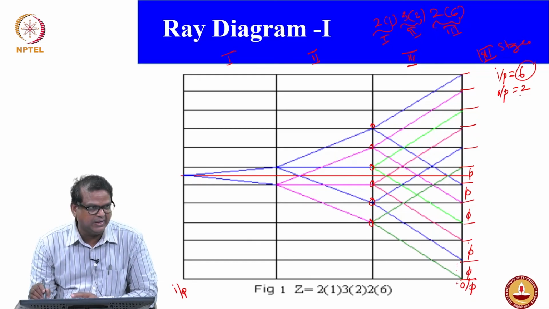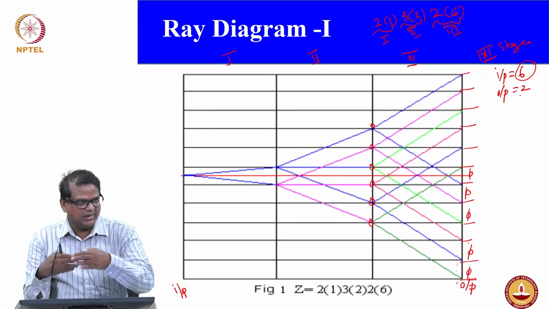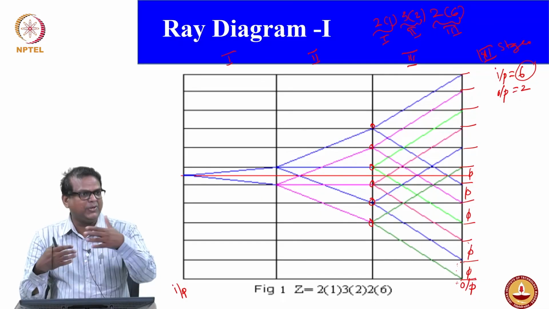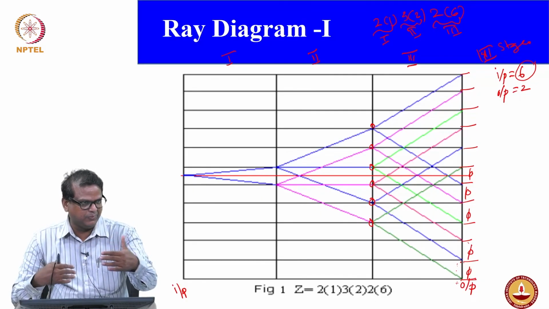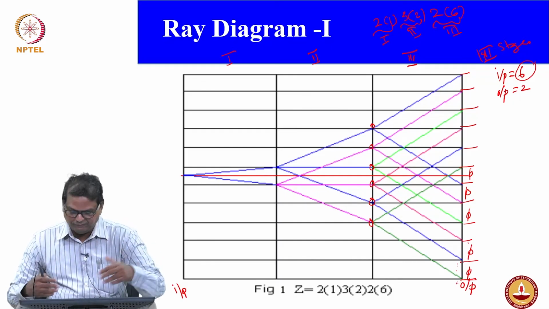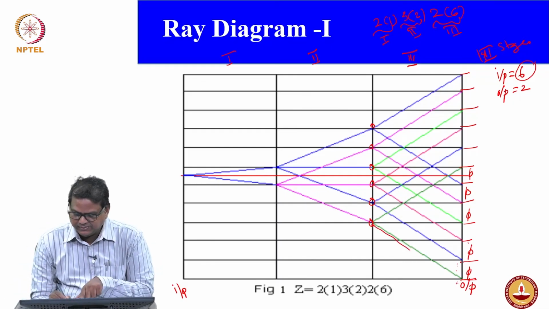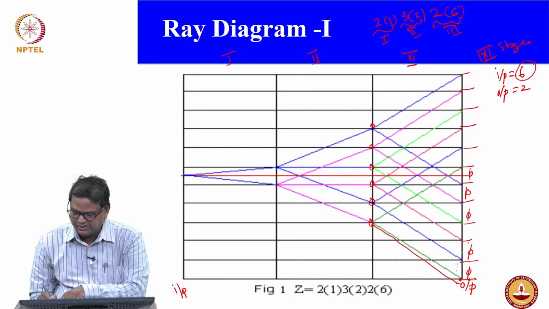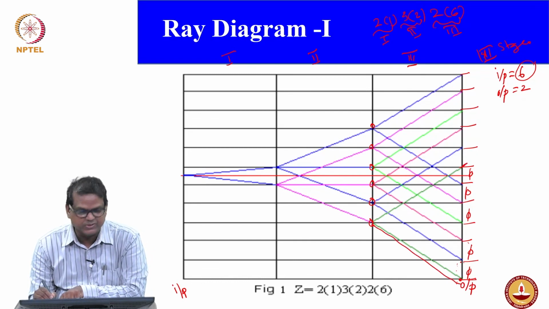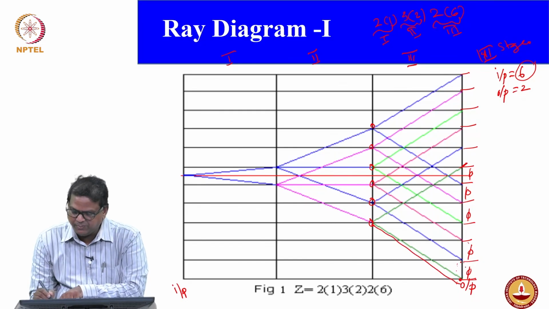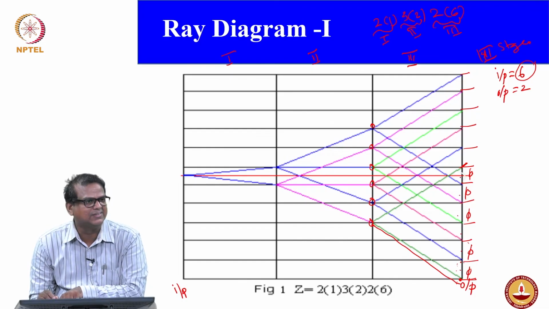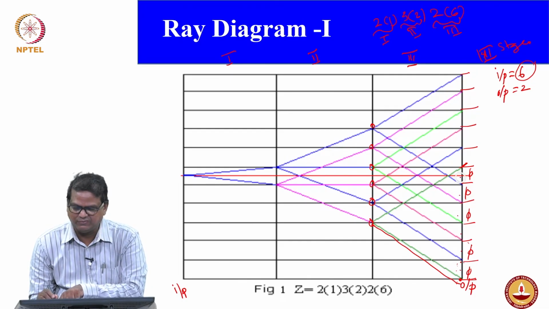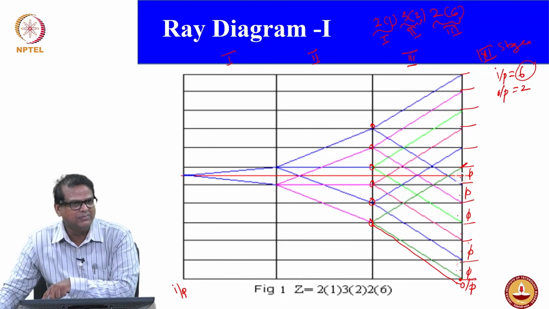The 6 indicates the distance, the number of step ratios, between the 2 output speeds. This is my lowest speed, this is one output speed, and this is my second output speed. Count how many step ratios there are: 1, 2, 3, 4, 5 and 6. Can you see how very useful the structural formula is now?